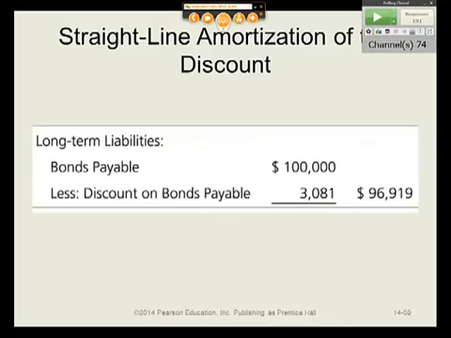And of course, on the balance sheet at that point, you would be reflecting 96,919, which is the balance after the first year. The balance after the first year, let me show you again here, is going to be 2 periods.